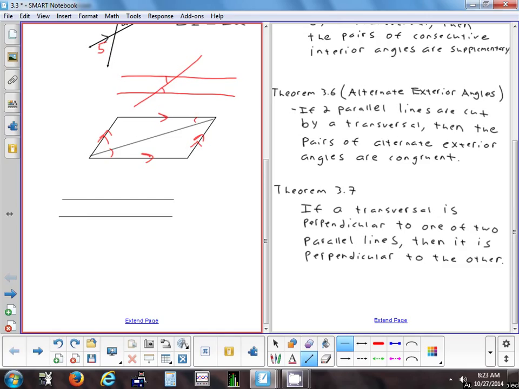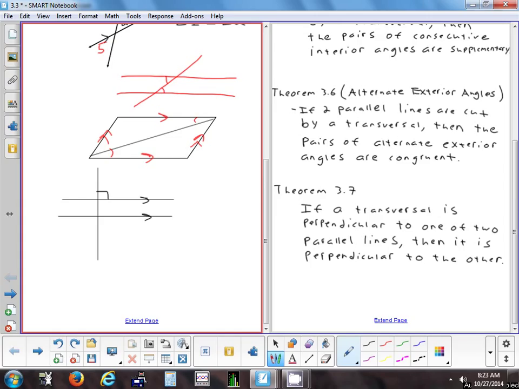If you've got two parallel lines, and I draw a line that's perpendicular to one of them, can anybody give me the reason why it would have to be perpendicular to the other? We can actually use one of the theorems or postulates we already have. Yep. It's parallel. Okay, we have parallel lines.